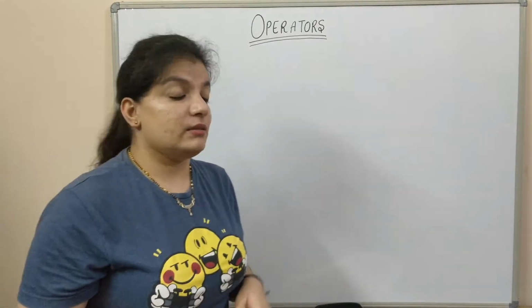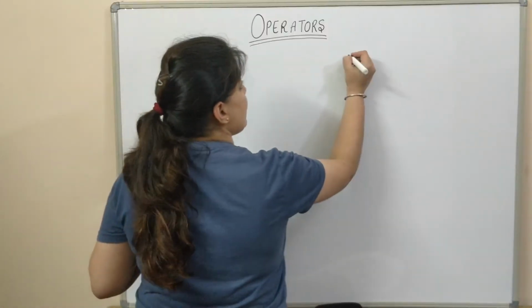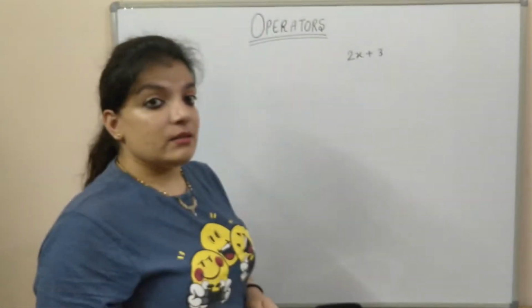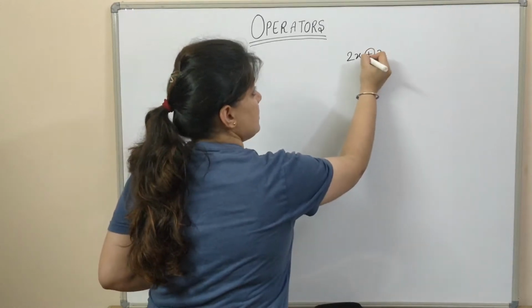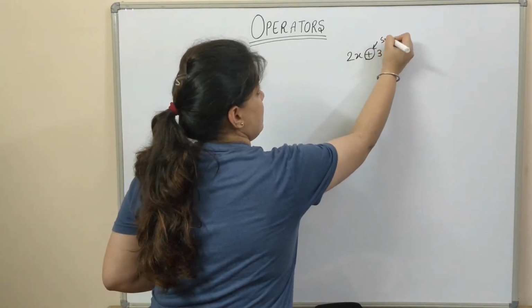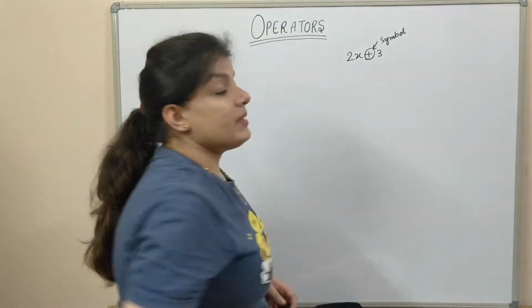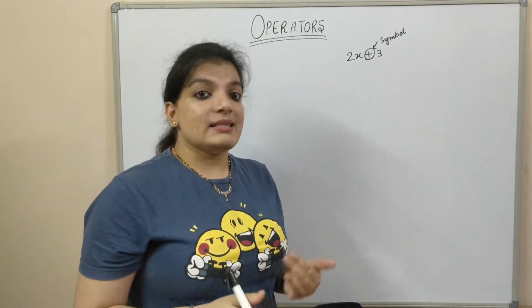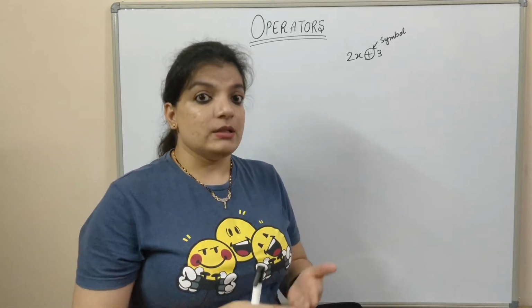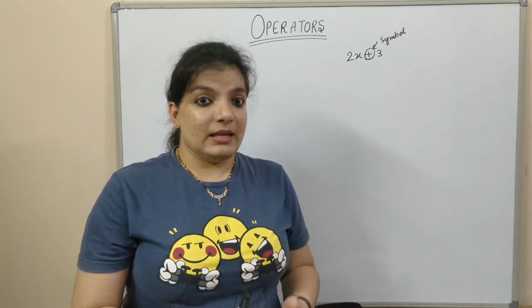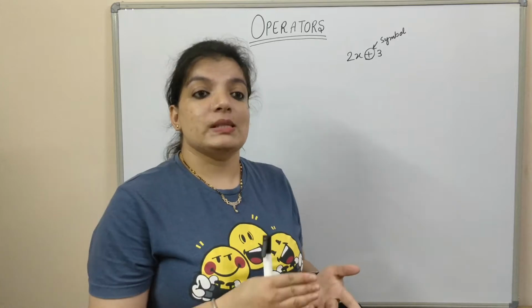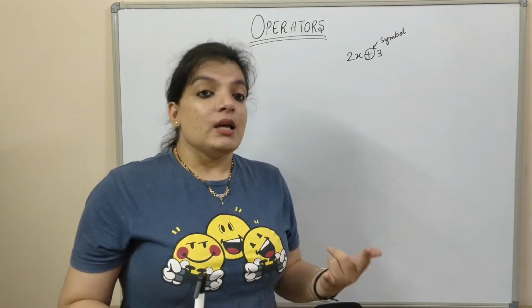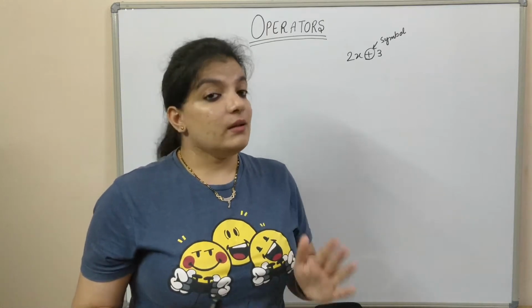From this example, like 2x plus 3, it is a symbol. An operator is a symbol that tells the compiler or interpreter to perform specific calculations, like mathematical, relational and logical calculations, and produce a final result.